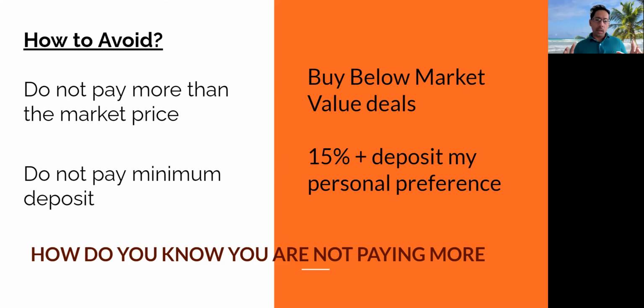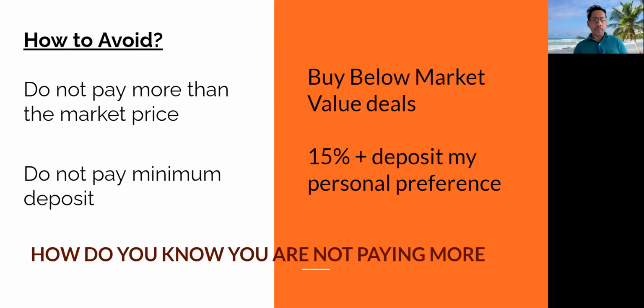That's the data you want to check, which you can get from the Rightmove website or the Land Registry website. Get the average of all those sold properties, and you don't want to pay more than that. That's how you can make sure you're not paying more than the market value.